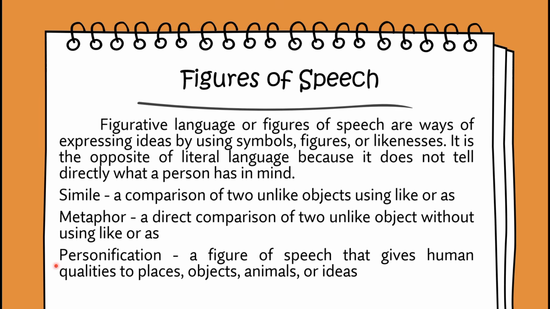The third one we have here, personification. Personification is a figure of speech that gives human qualities to places, objects, animals, or ideas. For example, the sun greeted me with a smile, or the flowers danced with the wind.